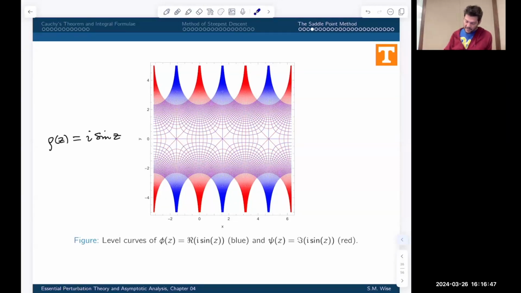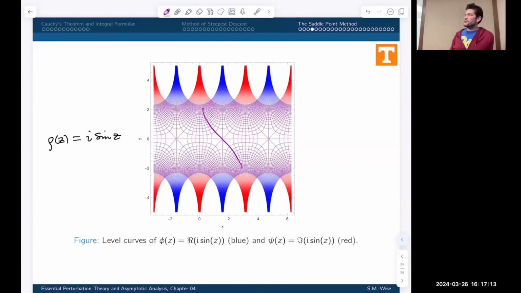So let's look precisely at this curve here. Let's make it purple so it stands out. This curve along here, that level curve there, which is a curve of constant psi, goes through a saddle point of the phi function.